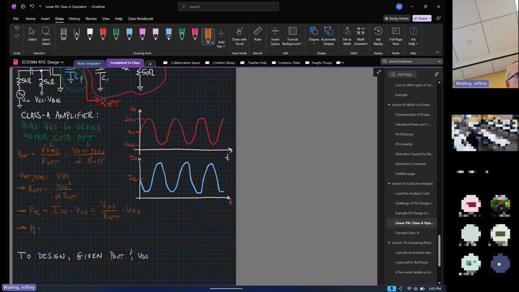All right, so if we define drain efficiency as output power divided by DC power, then this is equal to 1/2 times V out over VDD squared.